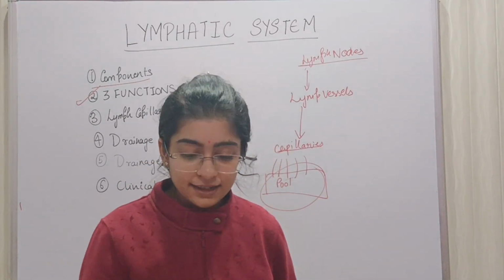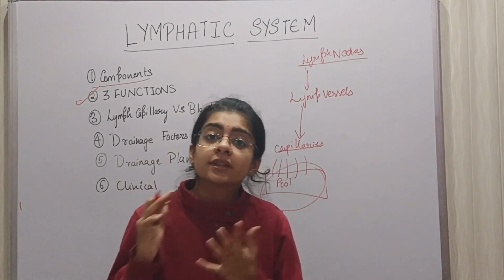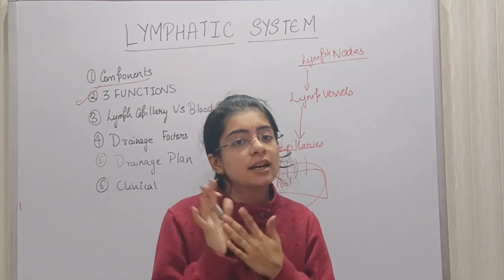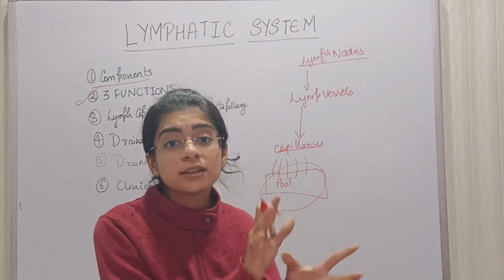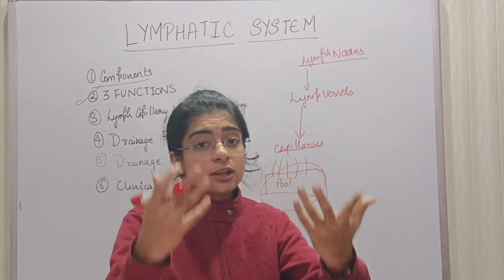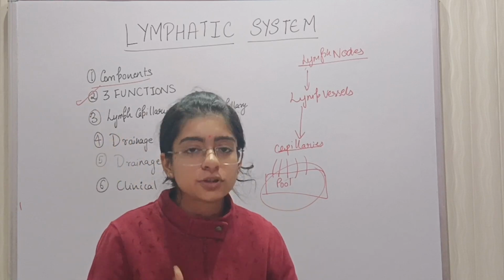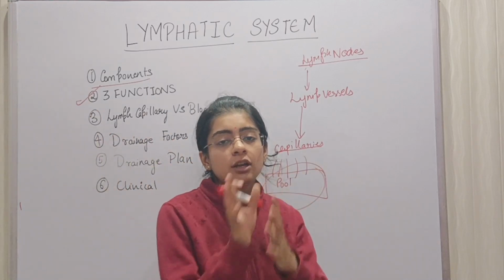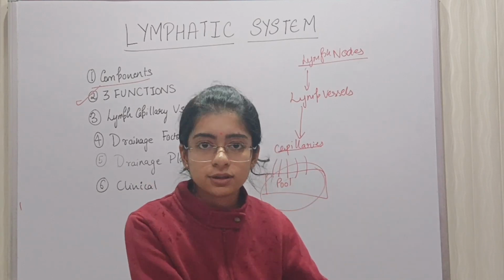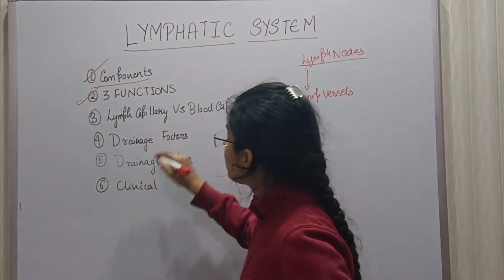And the third is related to the gut. In the gut we have lacteals. They are lymph vessels, capillaries basically, and they help to transport fat. It helps in fat absorption and carrying it to the systemic circulation and to other organs. So this was about the components and functions.